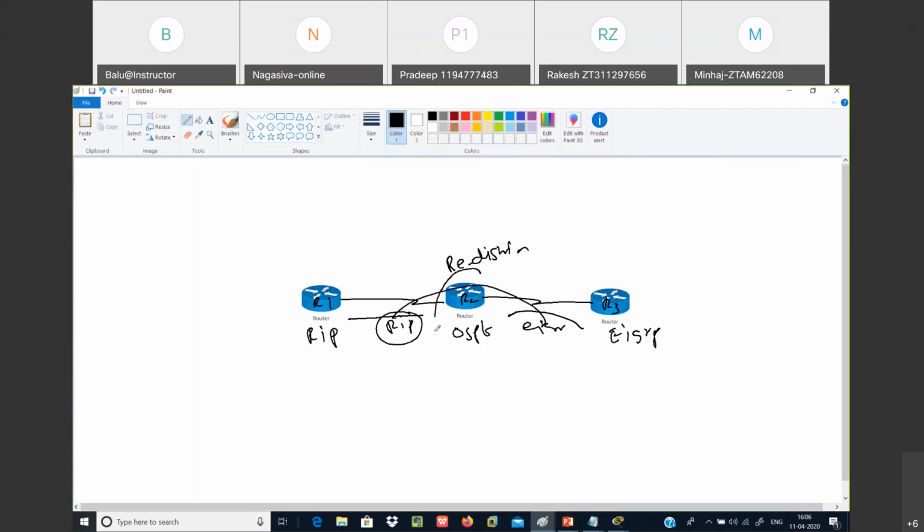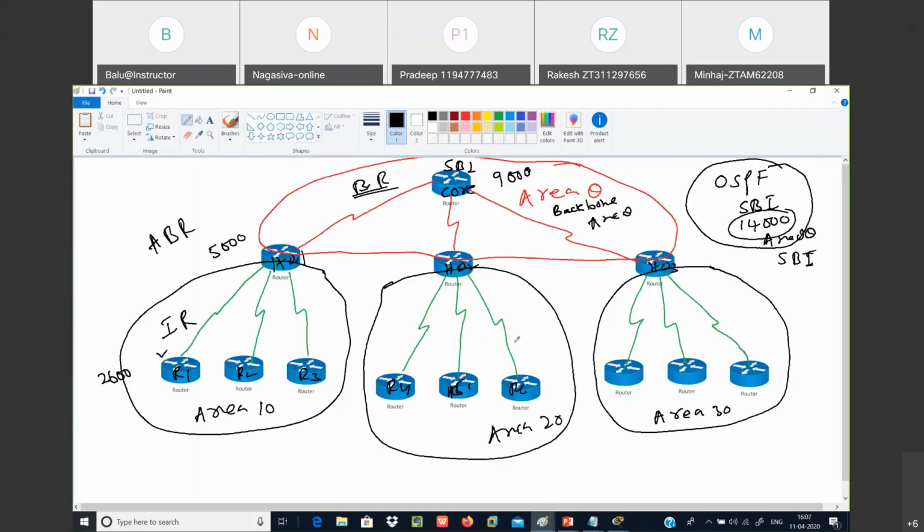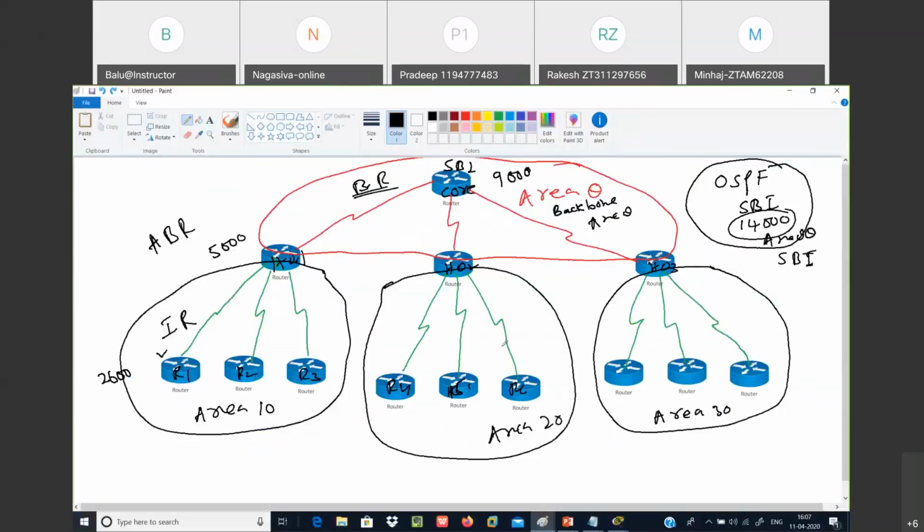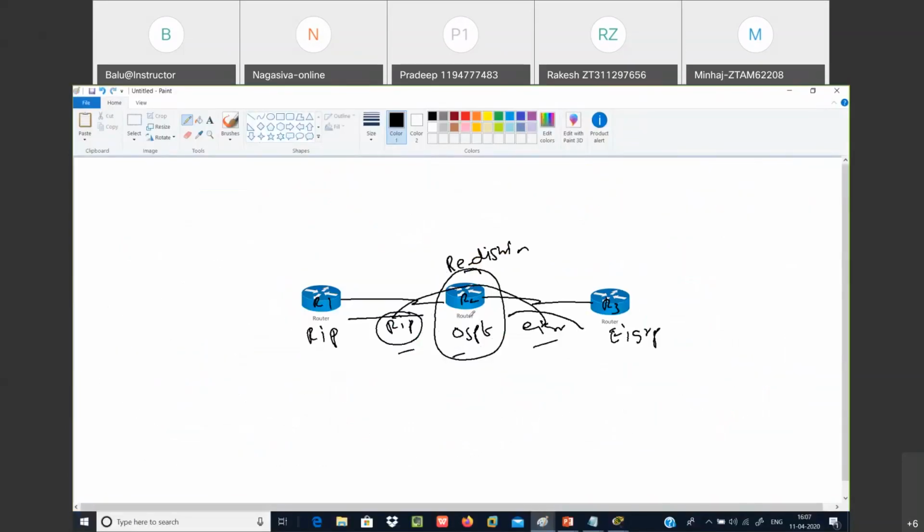So in the R2 router, how many routing protocols are running? RIP, OSPF, EIGRP. That's the point: a router which is connected to different protocols.